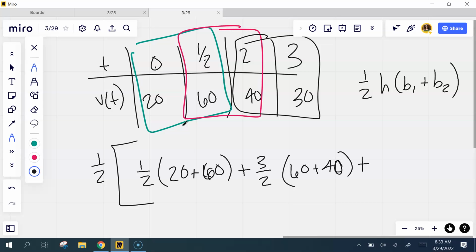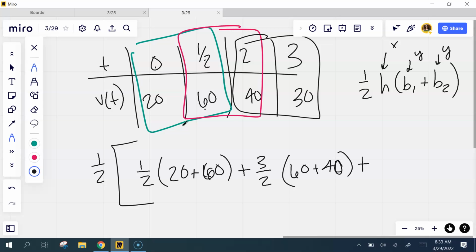Does that make sense? So the first one, for the green one, 0 to 1/2. Your x gives your height, even though that sounds kind of backwards. But this is the difference in your x. These are your y values of your 2 different trapezoids. I mean, of your 2 different ends there.